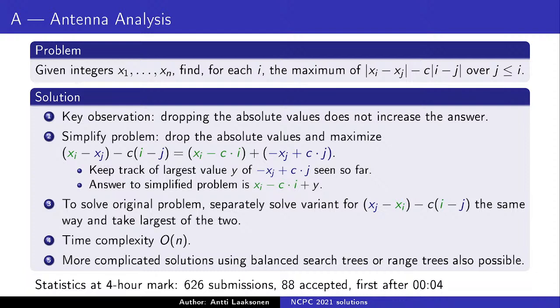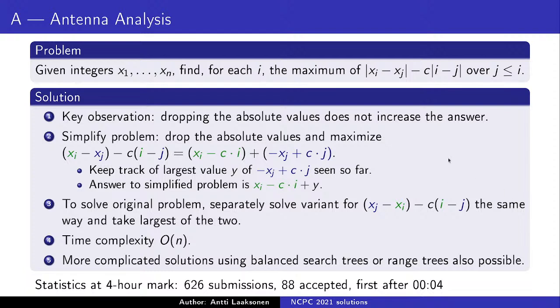This is probably because a lot of teams mistook it for being easier than it is, because so many teams solved it quickly, and if you didn't know about this trick, you still thought it was easy, and maybe you did something that ran in quadratic time or something like this.